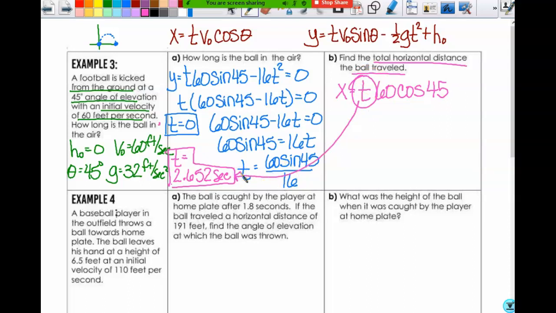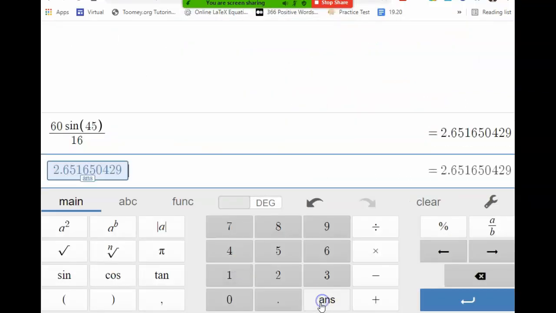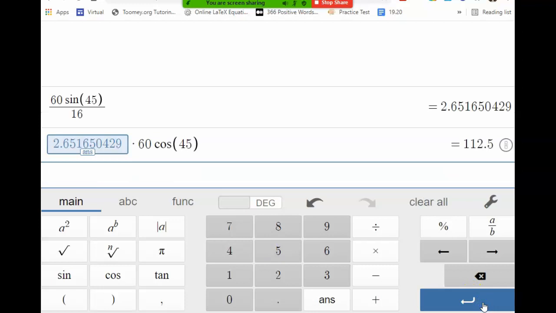So in my calculator, I'm going to take the answer times 60 times the cosine of 45. And that is my answer, 112.5.